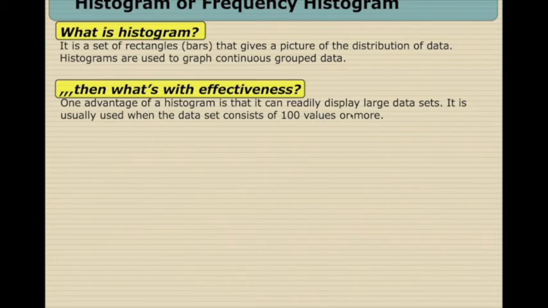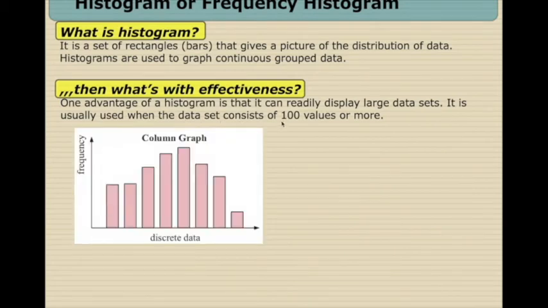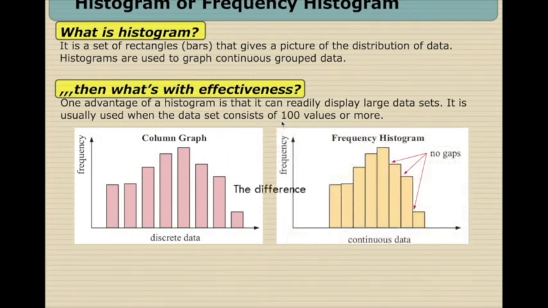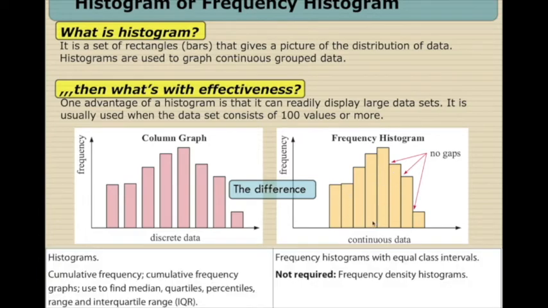Because it can display large data sets. It is usually used when the data set consists of 100 values or more. Again, to remind you of the difference between a bar graph or column graph and a histogram: in a histogram there are no gaps.